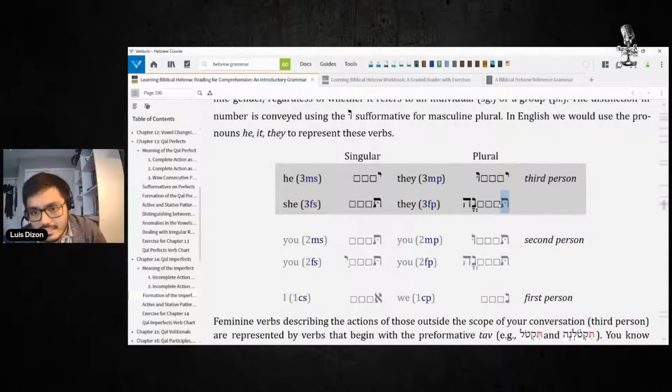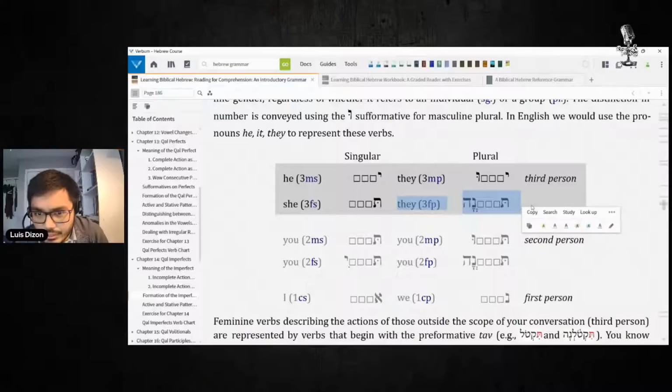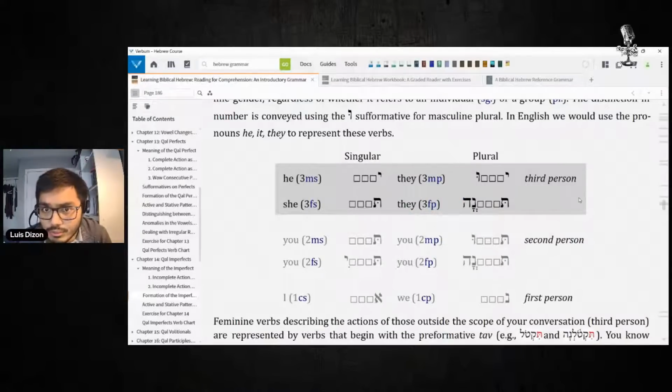Notice that there's a third person feminine plural form. So this very rarely comes up. The only time you ever use third person feminine plural is if you're dealing with an all female group of actors doing an action.